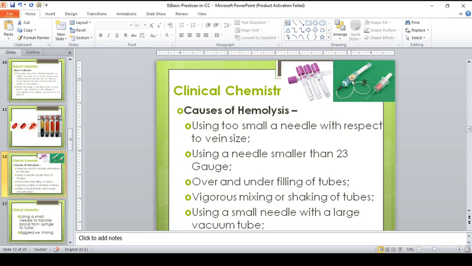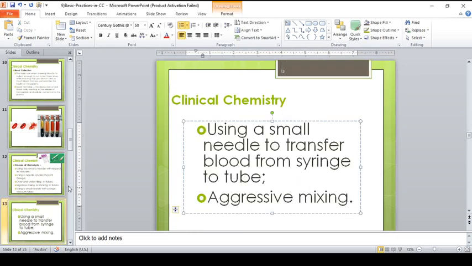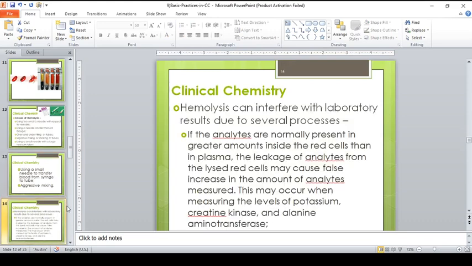However, there are cases wherein you will just puncture the tube to transfer your sample from the syringe to the tube. So, in those cases, that may also lead to hemolysis. And again, aggressive or vigorous mixing. Parang naulit lang.